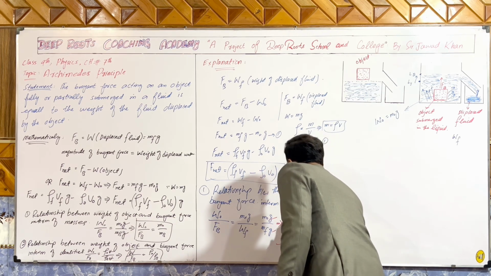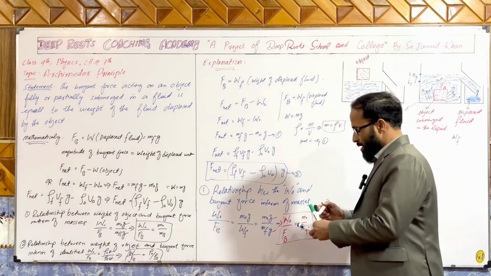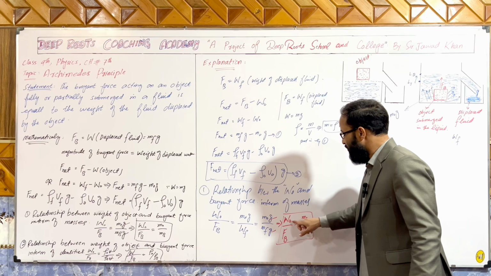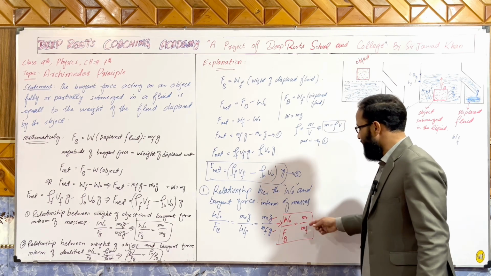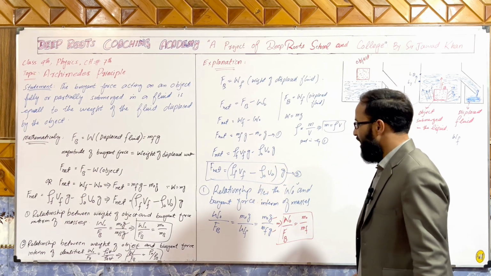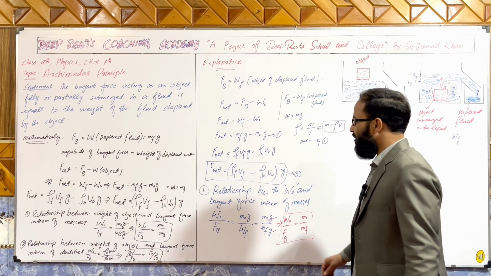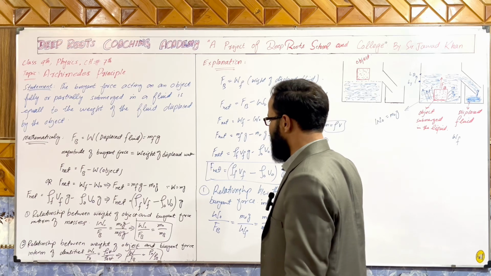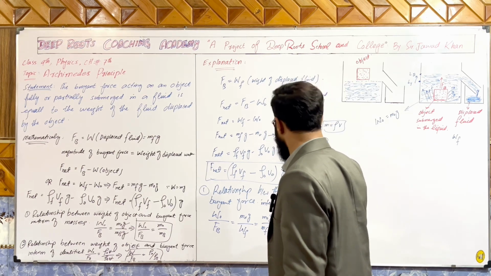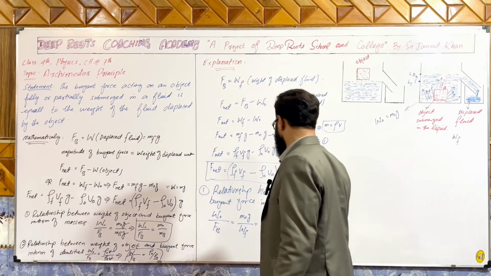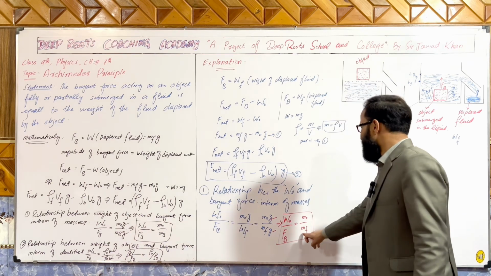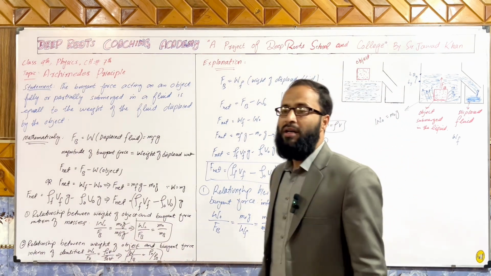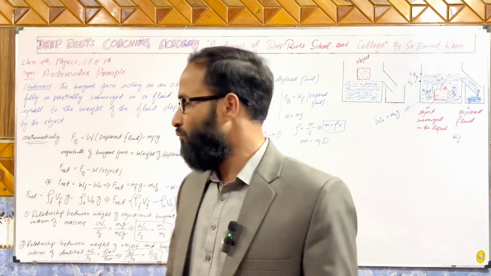So that is, the ratio of the weight of the object to the buoyant force will be equal to the mass of the object and the mass of the fluid, which is displaced by the object. You can write this mb or mf, both of the things are correct.